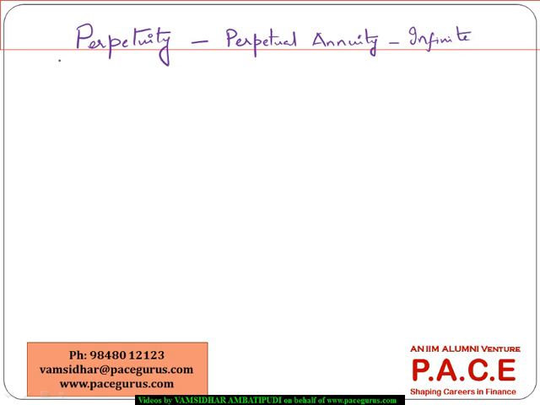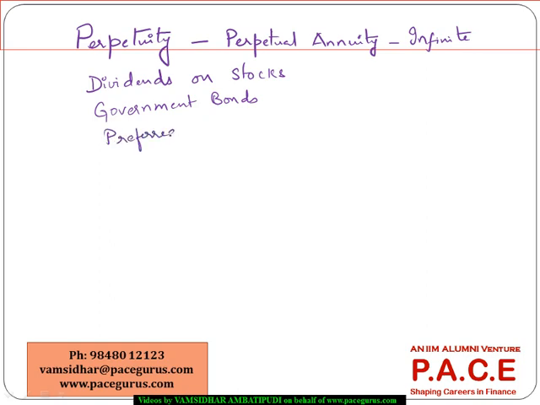Typical examples are dividends on stocks, which can happen for an infinite period of time, so the concept of perpetuity may come into the picture. Some government bonds may pay for a perpetual period of time, with no fixed time period. Or preferred stocks make dividend payments for a perpetual period of time. So valuing all these things will typically require an understanding of perpetuity as well.